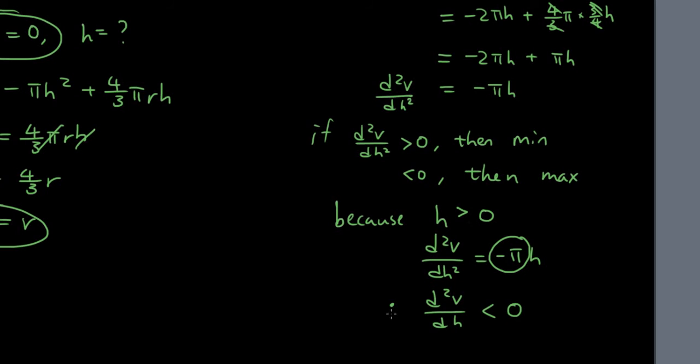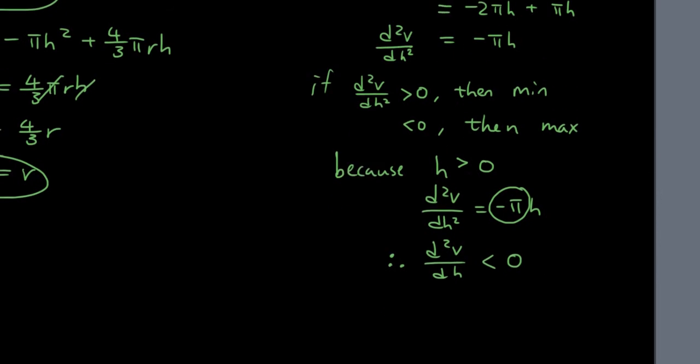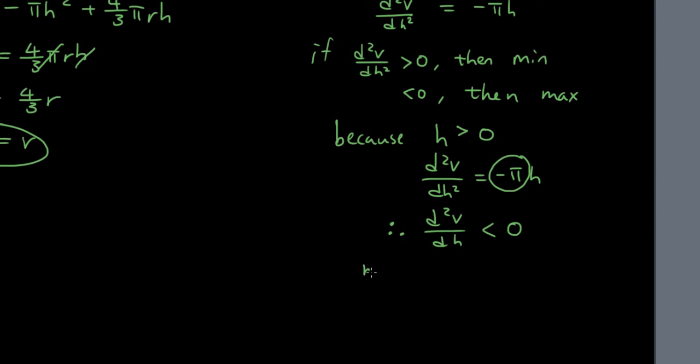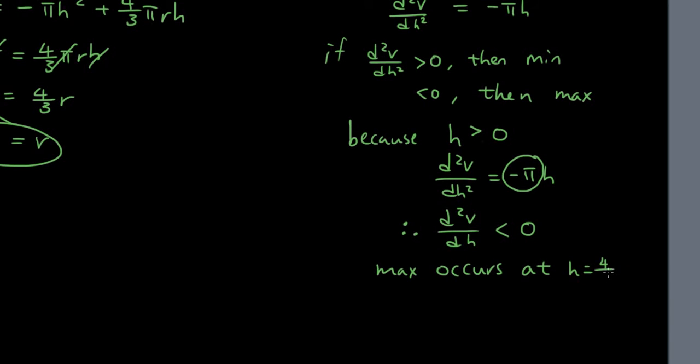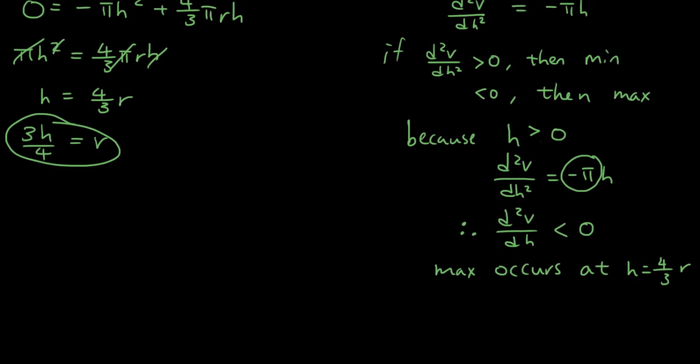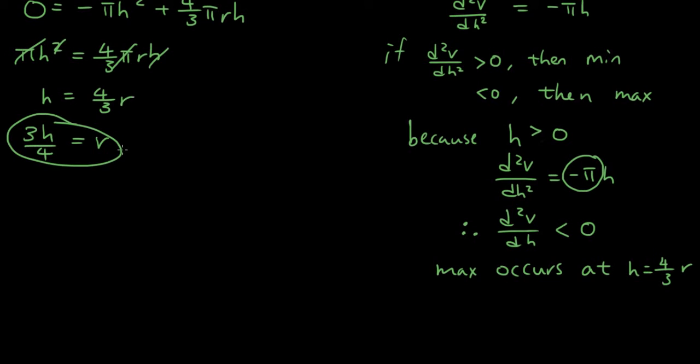So if the second derivative is negative, then the maximum occurs at h equals 4 over 3 r, which is what we found earlier. Or you can say the maximum occurs at r equals 3h over 4, same thing.